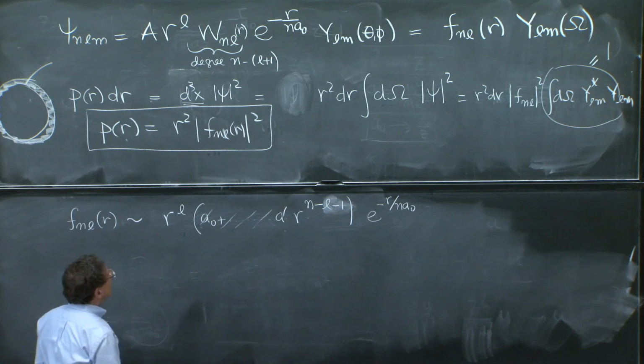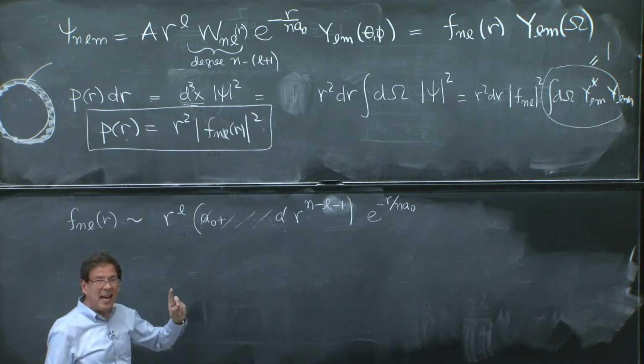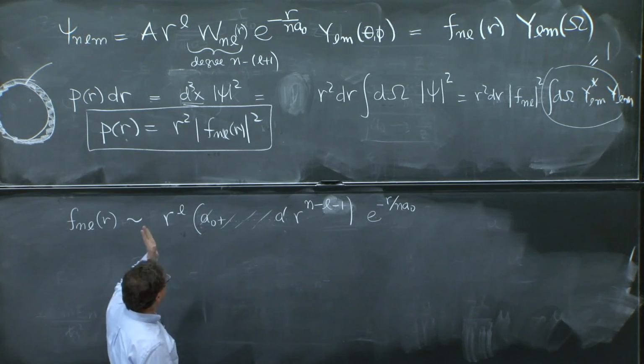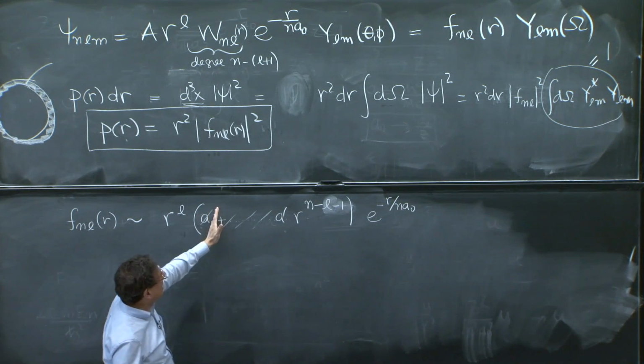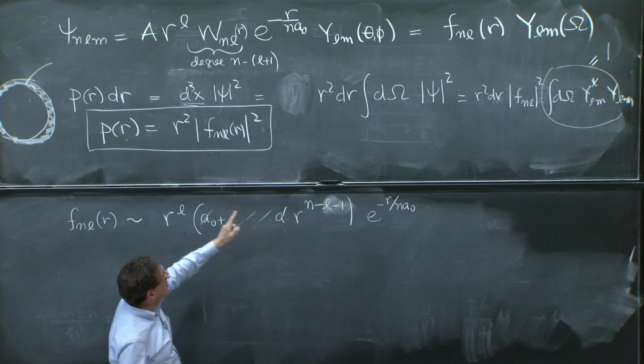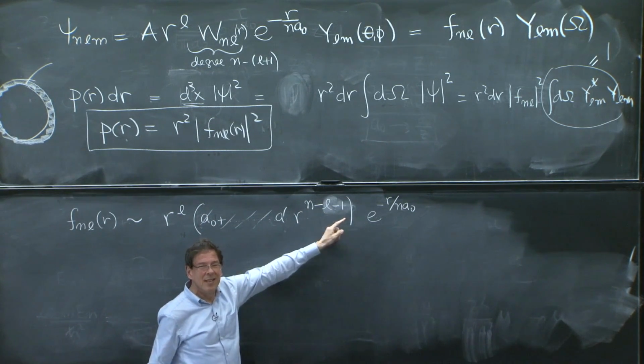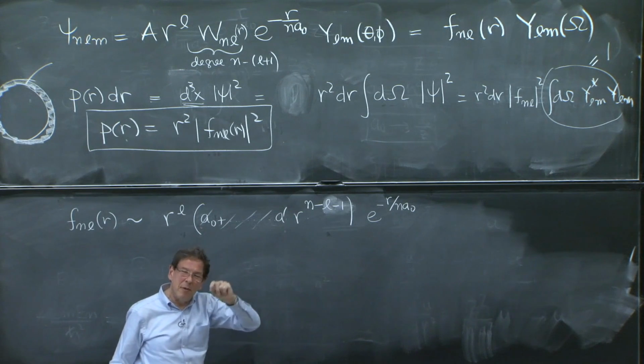So what is the largest? And here you see a nice thing. Actually, r to the L times this polynomial is a polynomial that begins with r to the L and finishes with r to the n minus 1.